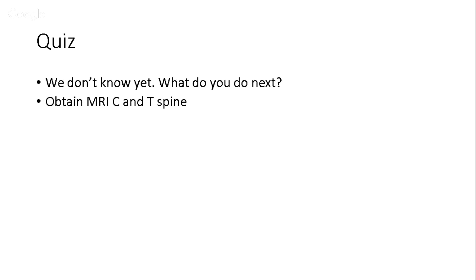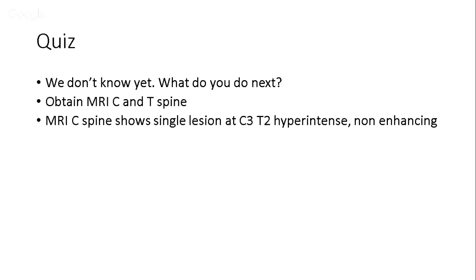Obtain MRI brain and C spine. The MRI C spine shows a single lesion at C2-C3, hyperintense and non-enhancing. What's the clinical diagnosis now? She still has only one episode clinically, so she meets criteria for clinically isolated syndrome. Dissemination in time or space? Just space, because she has one lesion in the brain and one lesion in the cord.